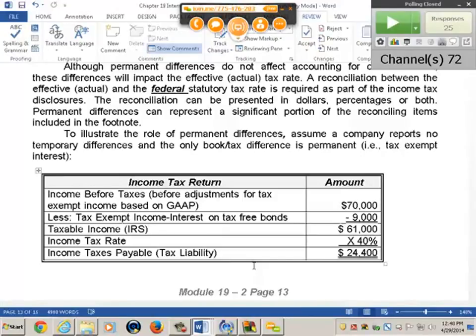Just to make this clear, it's the changes, because it's an income statement, it's a flow. In this problem, I assume that there are no temporary differences. If there are no temporary differences, are there any deferred taxes? No. So the deferred provision is 0. The change in the payable is $24,400. So my tax expense is $24,400.